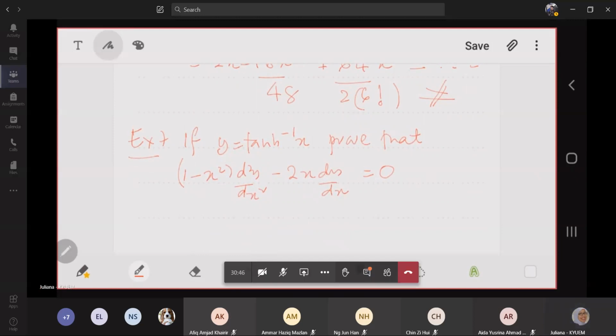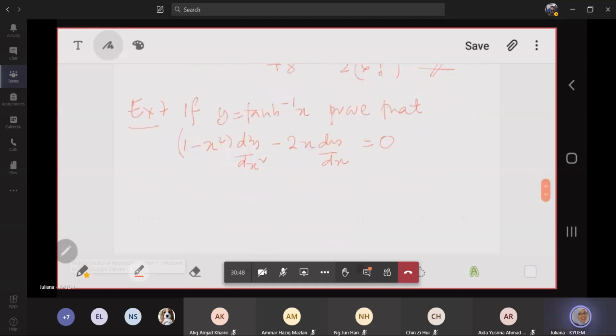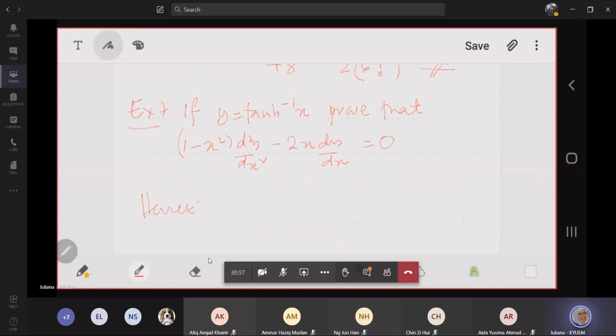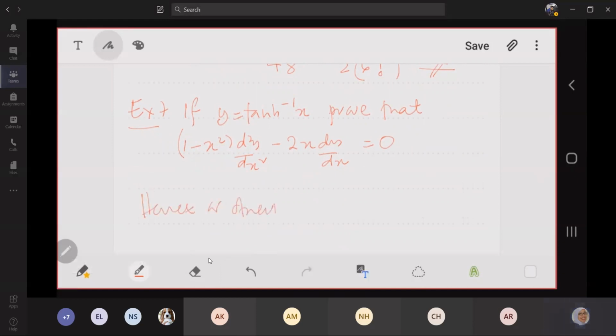Hence or otherwise, find the series expansion of tangent to the minus 1 of x, first 3 non-zero terms.